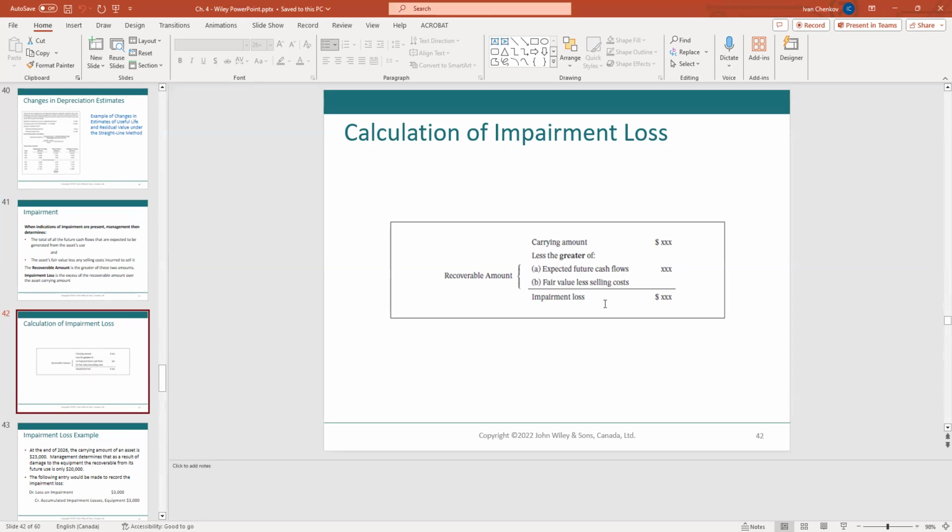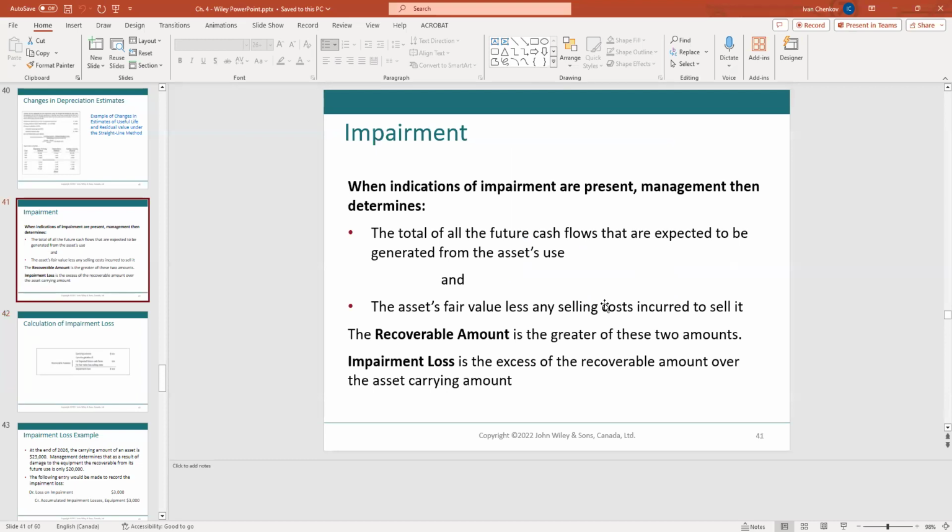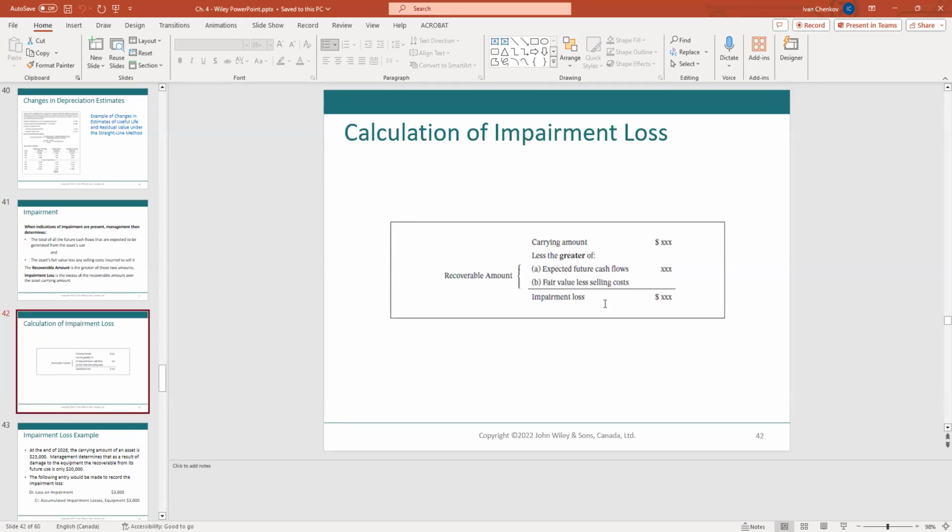If the carrying amount is less than the recoverable amount, we're okay.